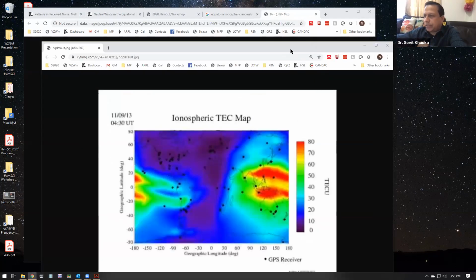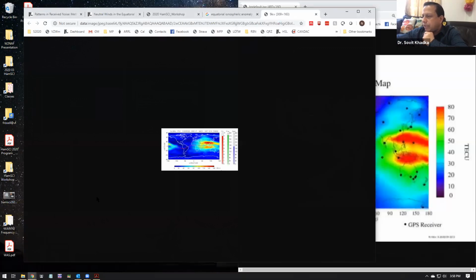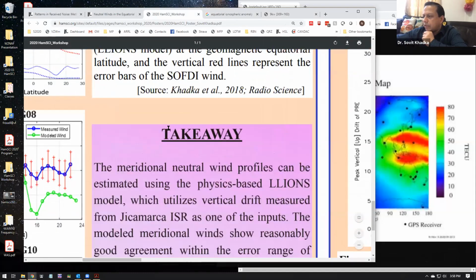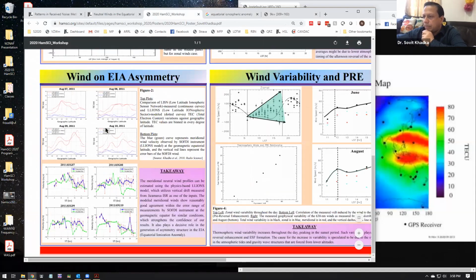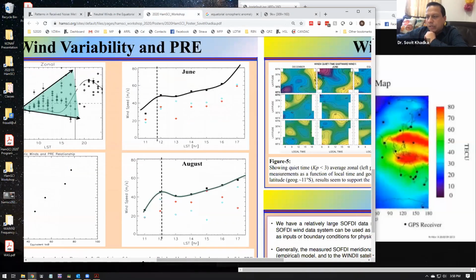So in figure 2, this is already published material. If you want to know details about it, it was published in 2018. I am the first author in Radio Science, and we compared with the Lyons model.